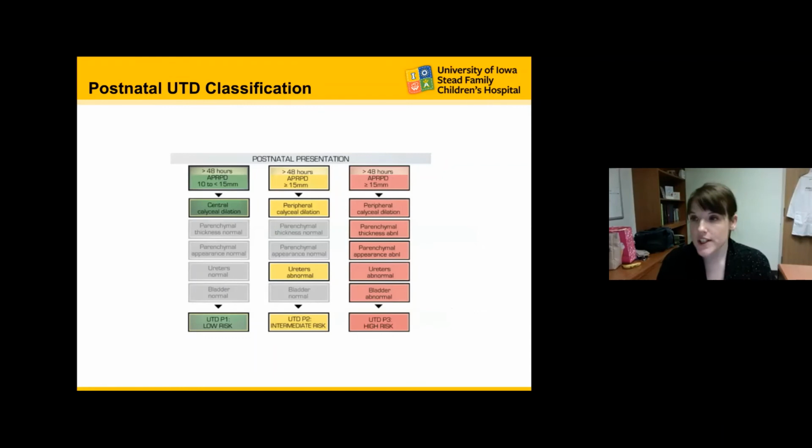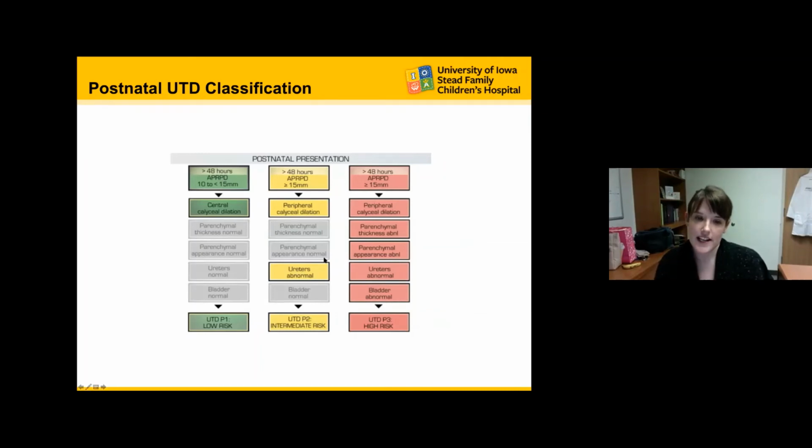The postnatal UTD classification, or UTD P1, P2, P3, is similar to the SFU system in that UTD P3 is analogous to SFU 4, UTD P2 is analogous to SFU 3, and UTD P1 is analogous to SFU 2, except for the same thing.